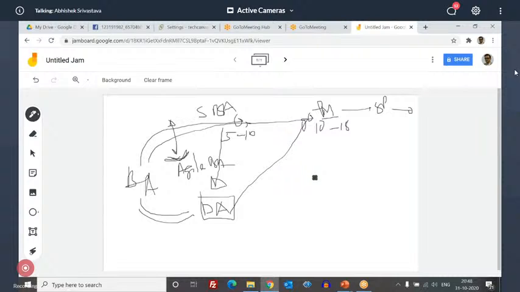So this is more like a management stream. Now the third prominent path is where you become a subject matter expert. This is a core business analysis part. Now, subject matter experts can be of two types.